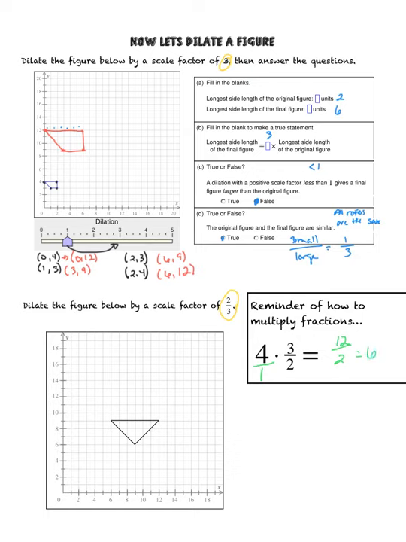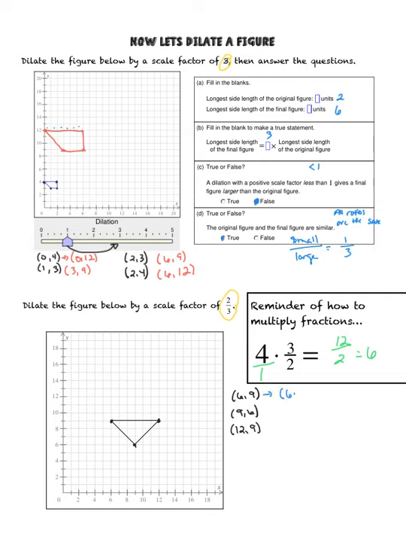All right, I'm going to write my points down. And if you don't write your points down correctly, there's no way you can do your dilations correctly. So this is 6, 9. This one is 9, 6. And this one is 12, 9. Now, we're going to multiply.